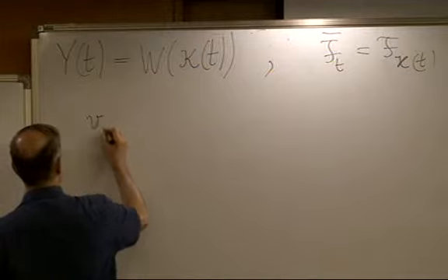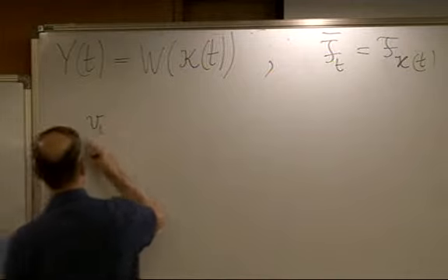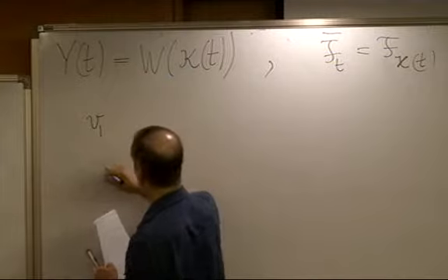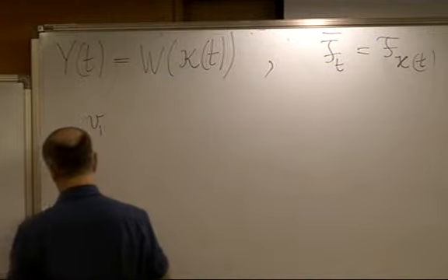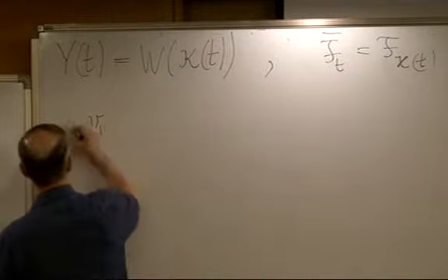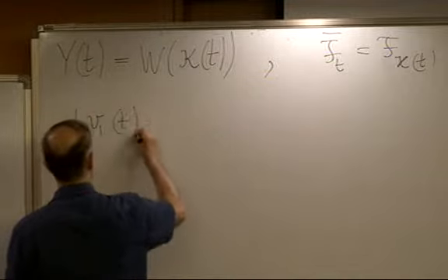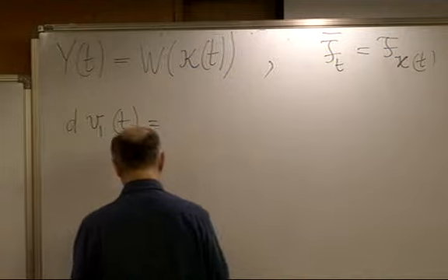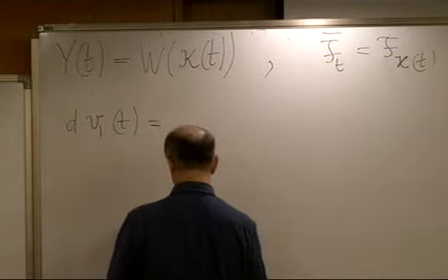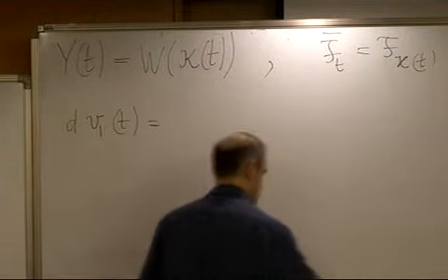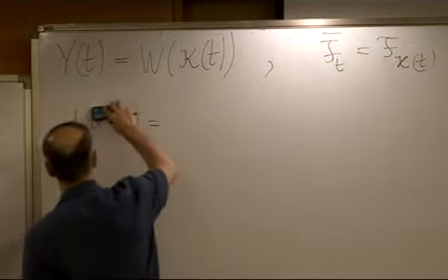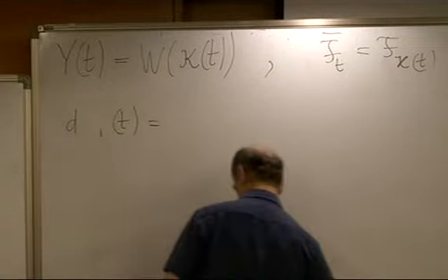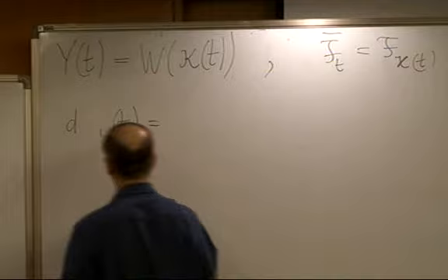V1 is related to describing the approximation, and its equation is dV1_t. Sorry, I use U in my notes, not V1, so let me use that one.